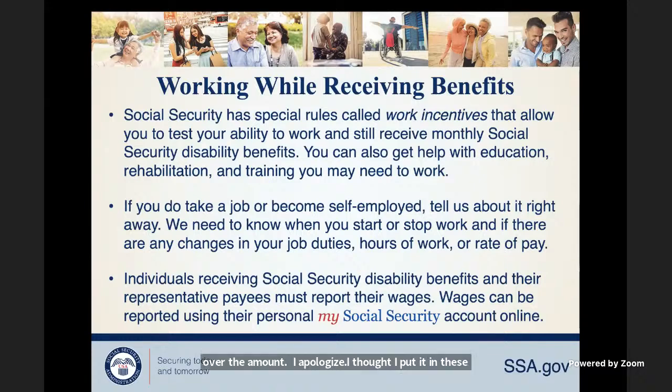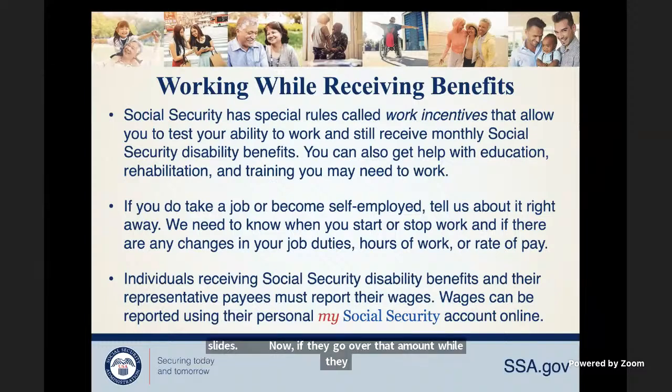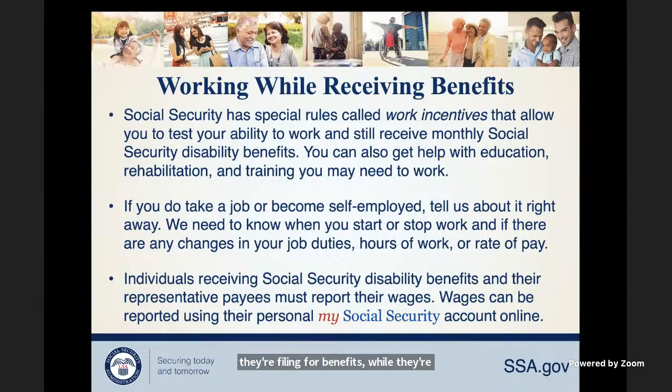Now, if they go over that amount while their application is pending, that could jeopardize their application, because they would see that this person can do substantial gainful activity. They may not get approved.